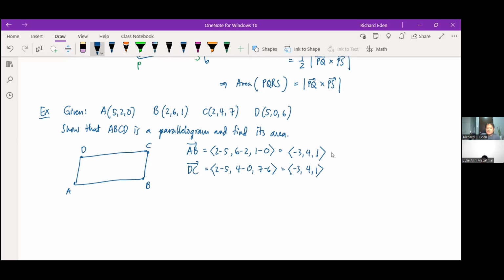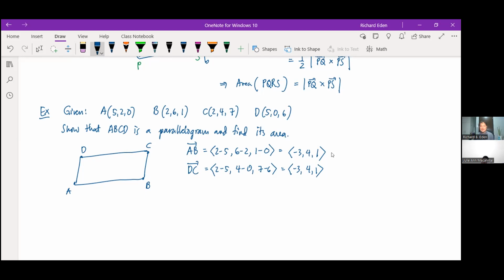So clearly, AB and DC are multiples of each other. In fact, they are equal to each other. DC is 1 times AB. AB is 1 times DC.